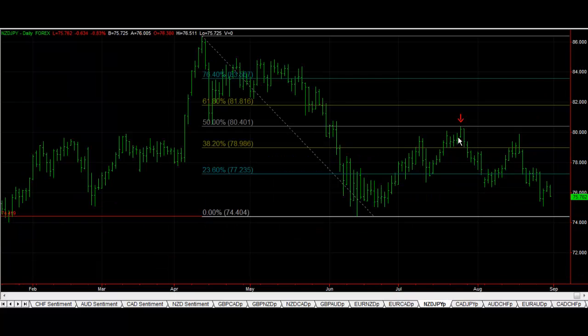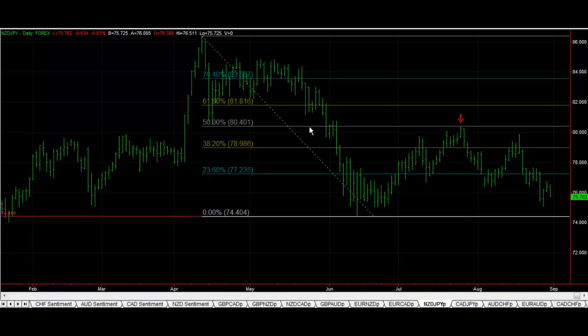Here we see a similar situation on a cross rate. This is a daily chart of the New Zealand dollar against the Japanese yen. We can see the New Zealand dollar tested this key resistance level right around the 80.40 level and then moved lower. Again, this is a classic, perfect example of how and why the cross rates are very important to keep track of.